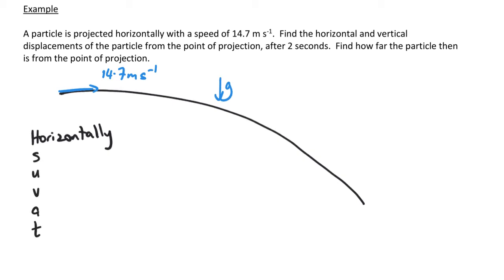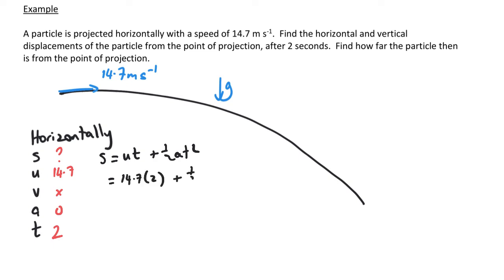filling in the information, we've got the displacement is what we're looking for. The initial velocity is 14.7. We don't care about the final velocity. The acceleration is 0, and the time taken is 2. So from our equations with s, u, v, a, and t, we're going to use s equals ut plus a half at squared, which is 14.7 times 2 plus a half of 0 times 2 squared, which gives us 29.4 meters.